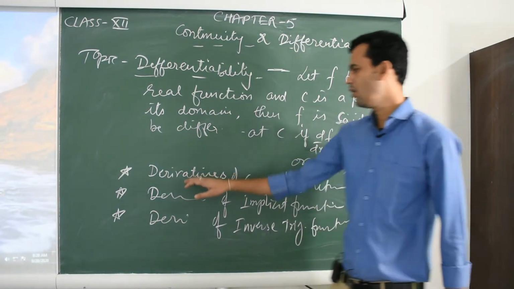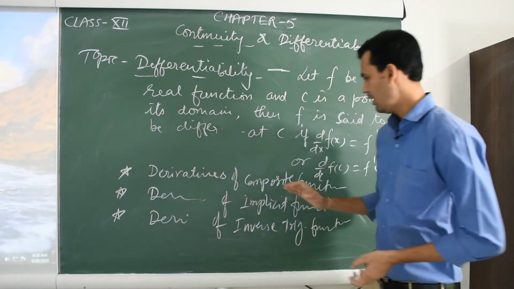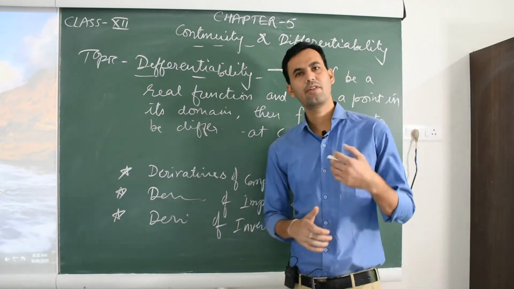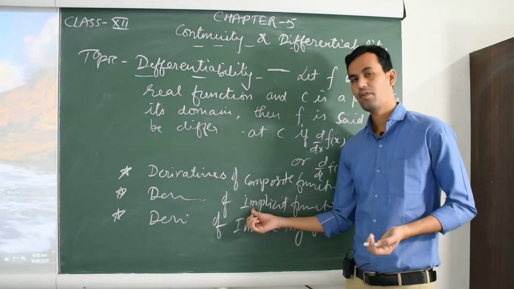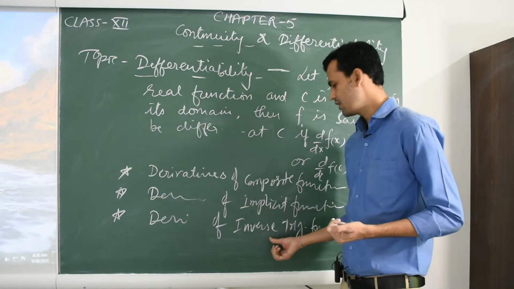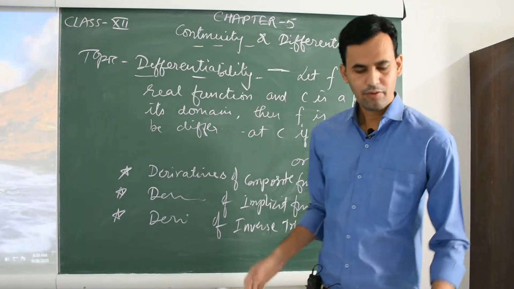These three topics we discuss today. The derivatives of composite functions are in exercise 5.2, and exercise 5.3 of NCERT is of implicit functions and inverse trigonometric functions.